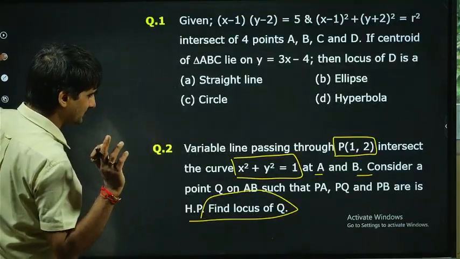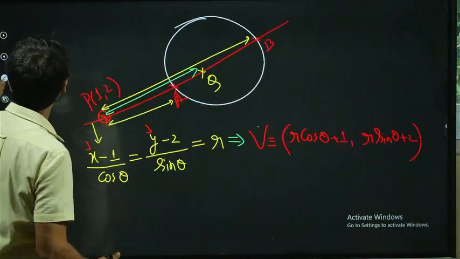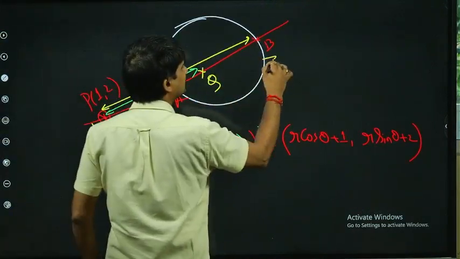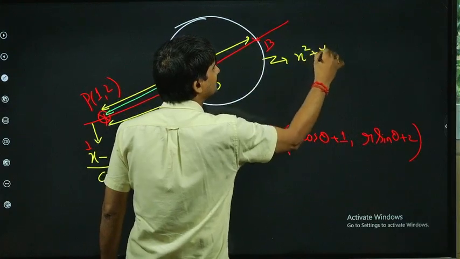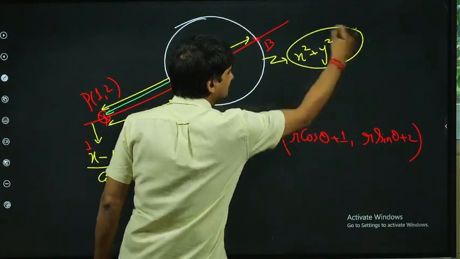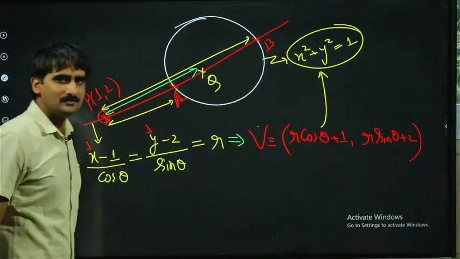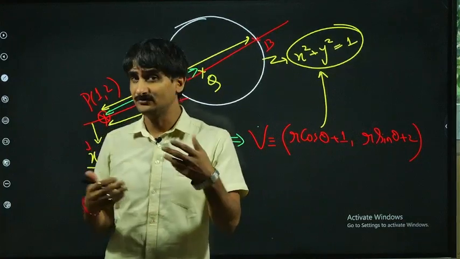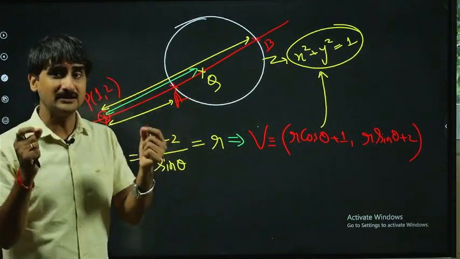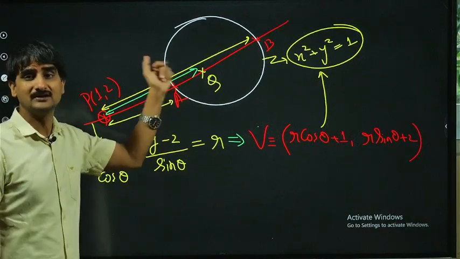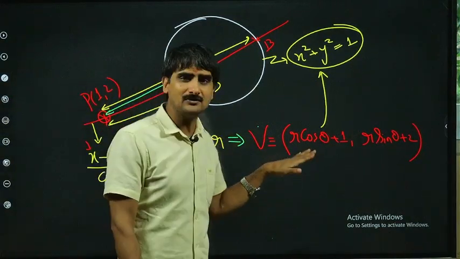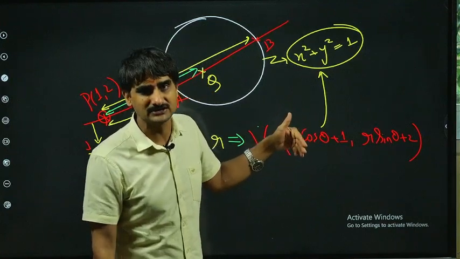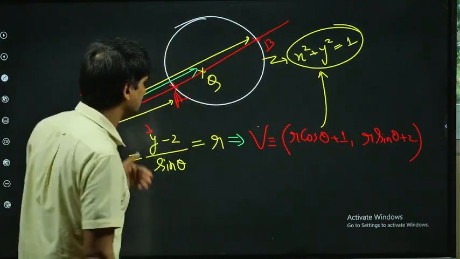Now put these in, since we need the point of intersection. The curve is x square plus y square is equal to 1, and since I need the points of intersection, of course I need to put these coordinates here. To get any information regarding A and B, I have to use the given condition, and that is that the line intersects the curve at A and B. So if this is any point on the line, to get the points of intersection, I will satisfy these points in the equation of the curve.